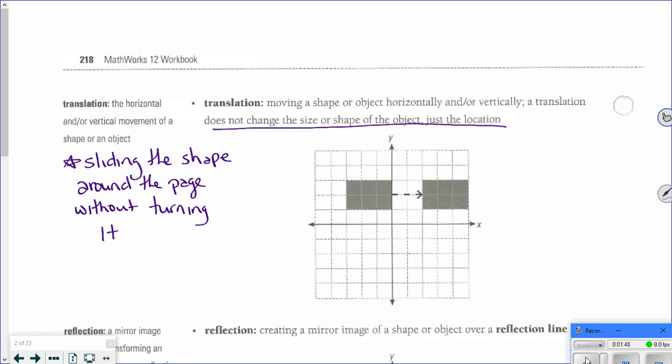So a translation doesn't change the shape or the orientation or the size of the object. All it does is slide it around.